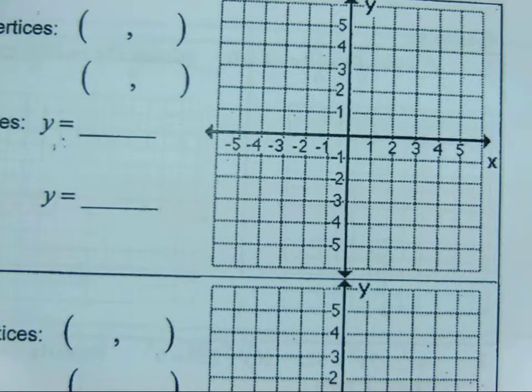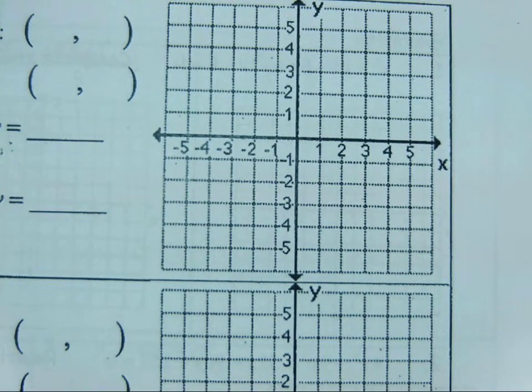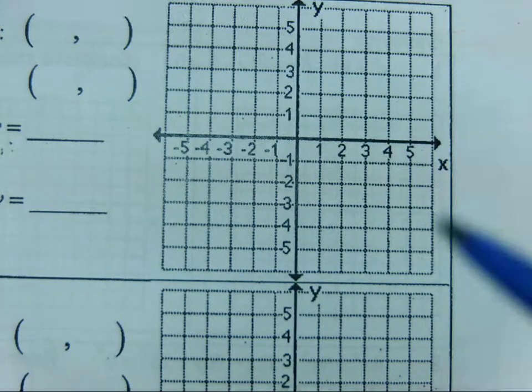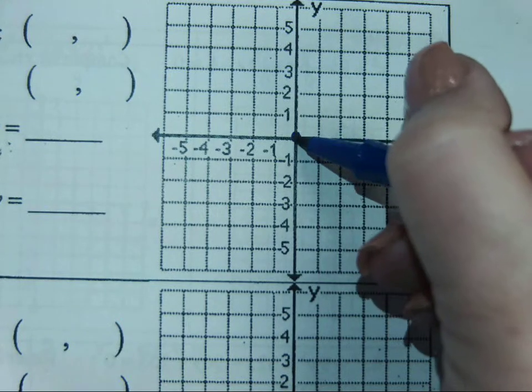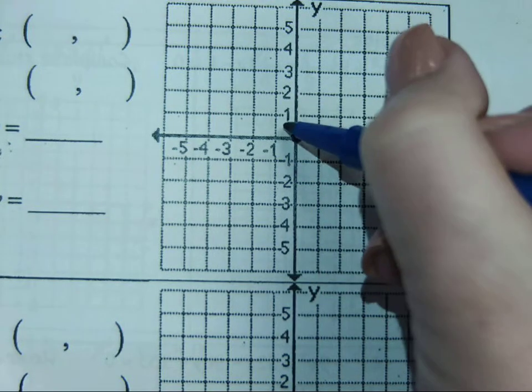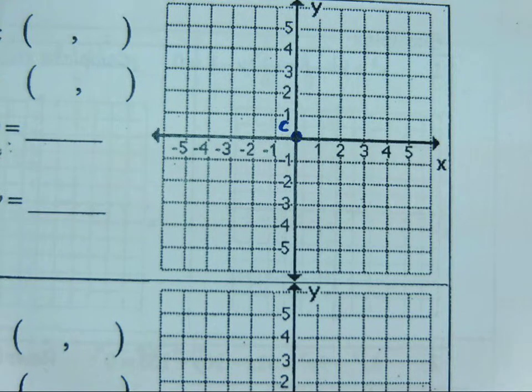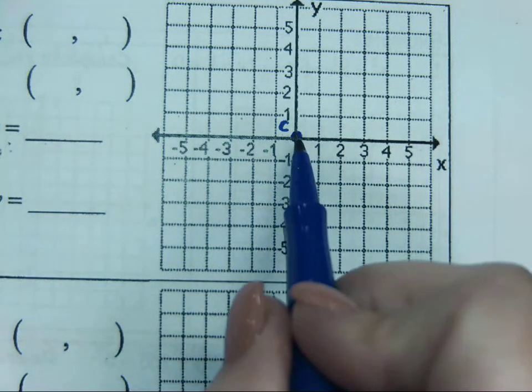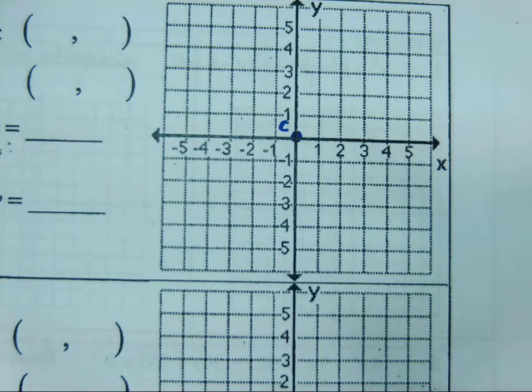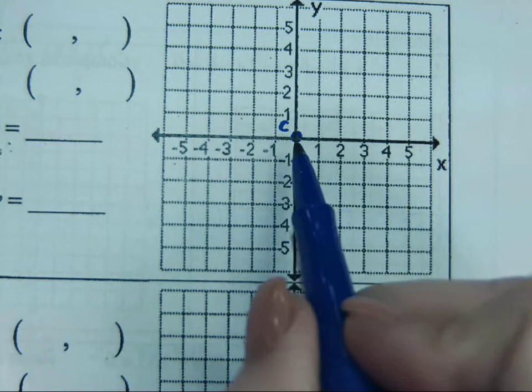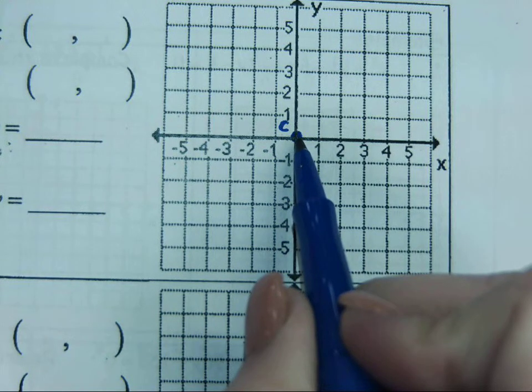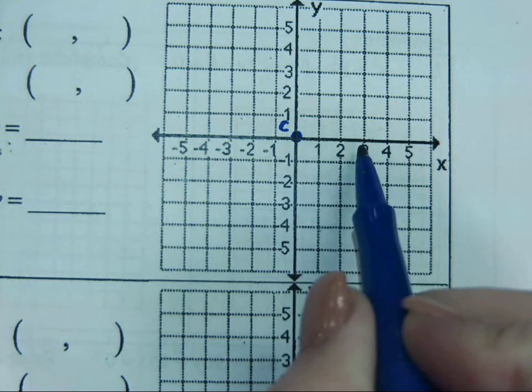So let's go over to our graph. We are going to put our center here at the origin. And again, I'm going to label that. Now because I am moving outwardly, horizontally, my vertex is going to move a units in this direction.